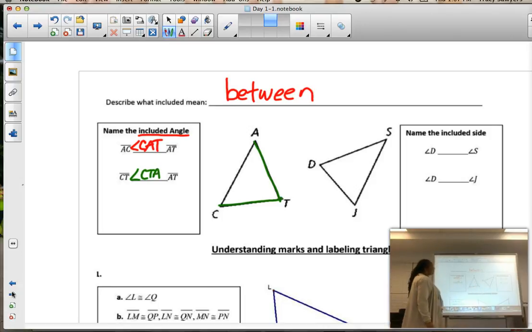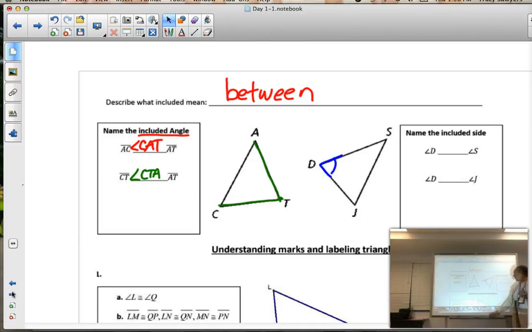All right? Now let's do the other thing. Now, I have a technique that I like to use for this one, but first let's identify this angle D. So I'm looking at this angle D right here, and angle S. Okay? What is the side that's included between angle D and angle S?